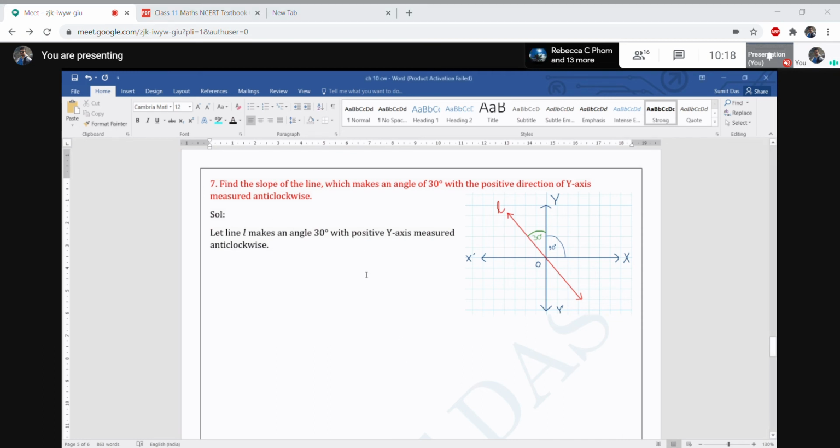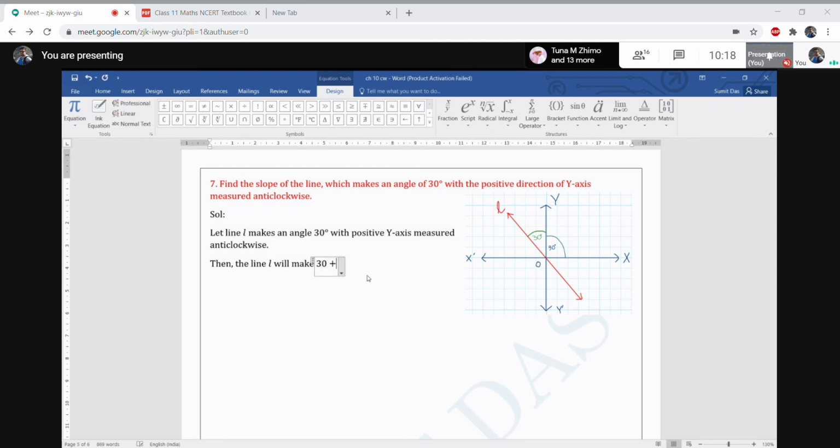Still no response. So then line L will make 30 plus 90. Look, this line L is making 30 degrees with the y-axis, right? But if we consider the positive x-axis, we have to add another 90 degrees. So the full angle is 120 degrees with the positive x-axis, measured anti-clockwise.